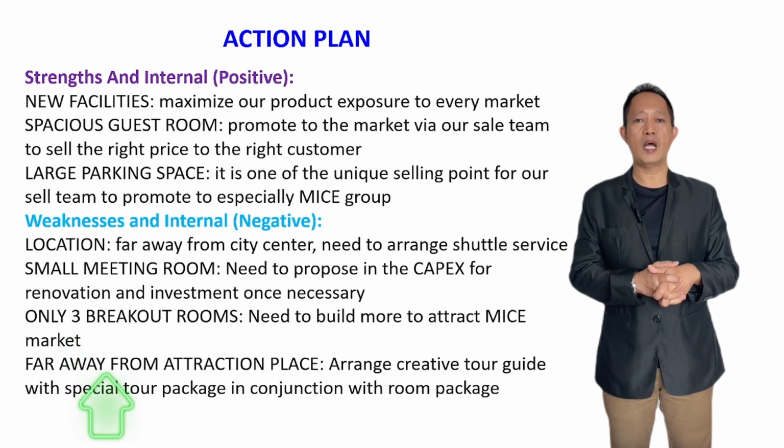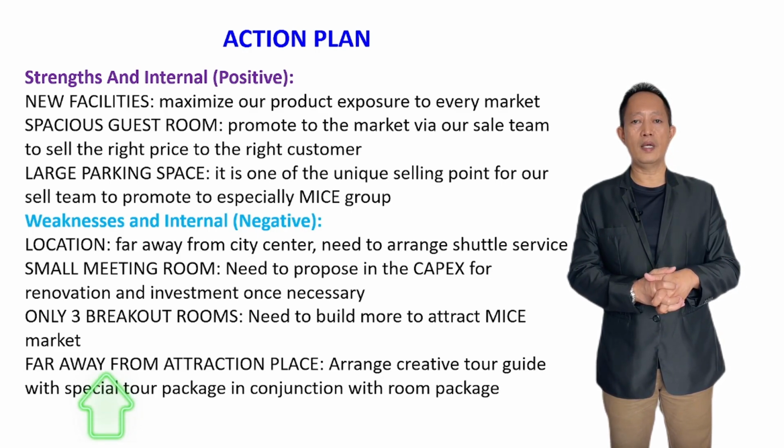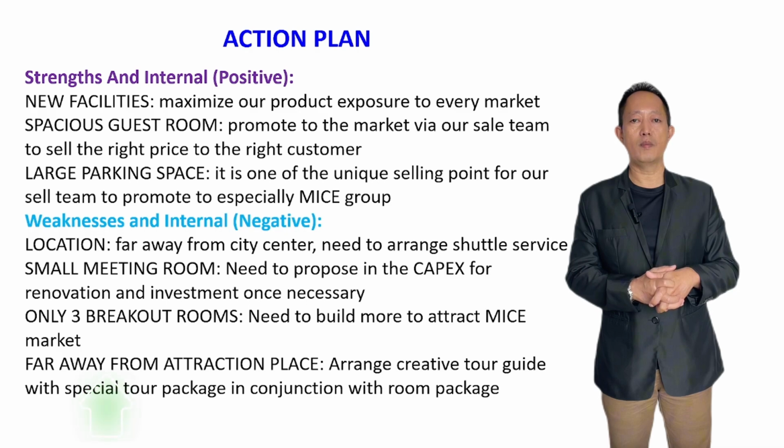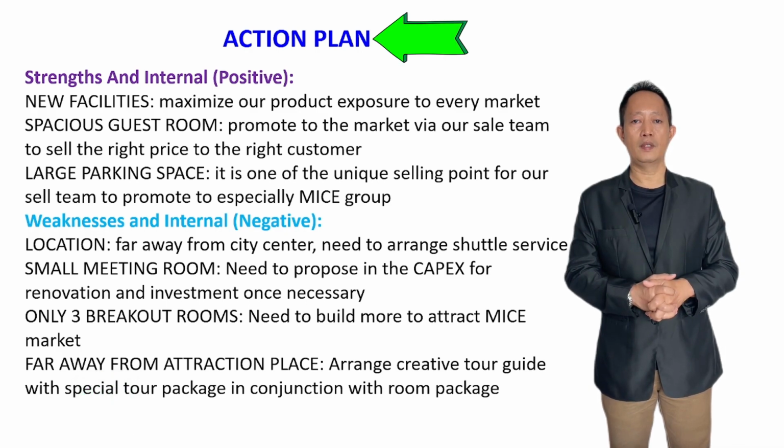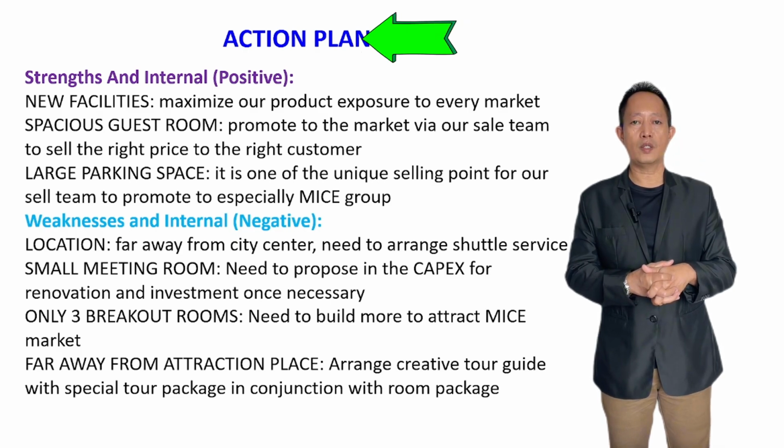Far from attraction places: we can arrange an attractive tour guide with a special tour package in conjunction with our room package too. So this is all our action plan, where we take only those having a high score.